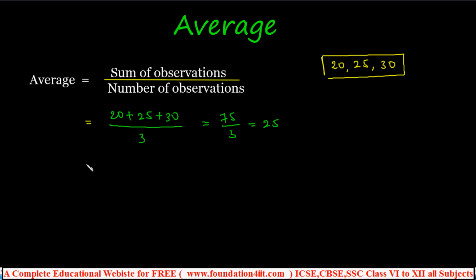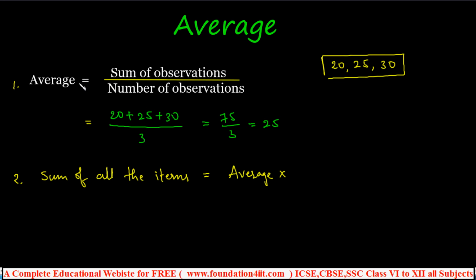From this, we can also write the sum of all the terms, the sum of all the items. The items may be numbers or variables. So the sum of all the items means we can take average into the number, because average is equal to sum by number.